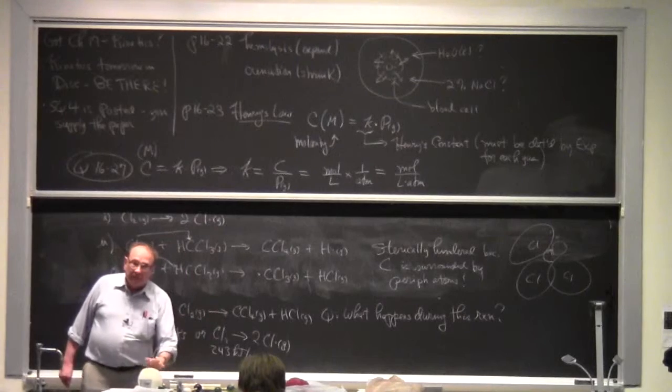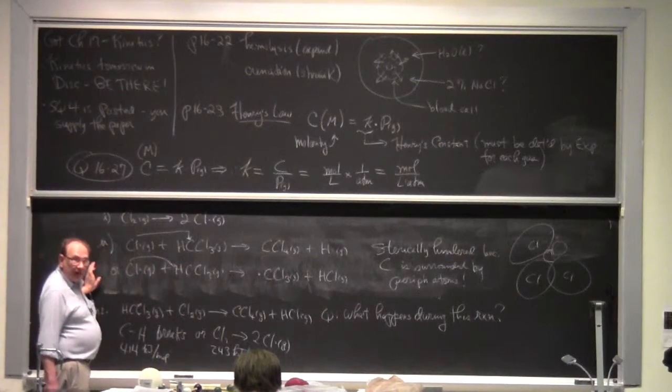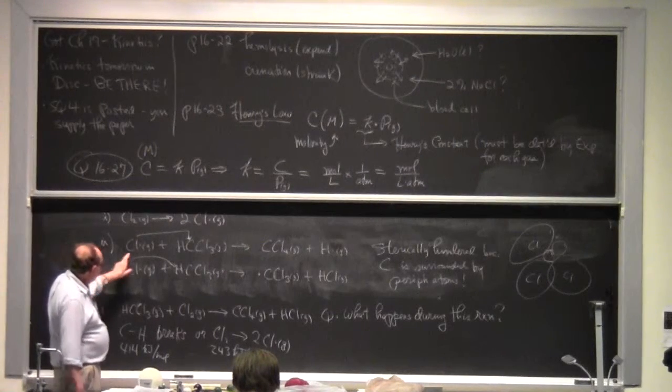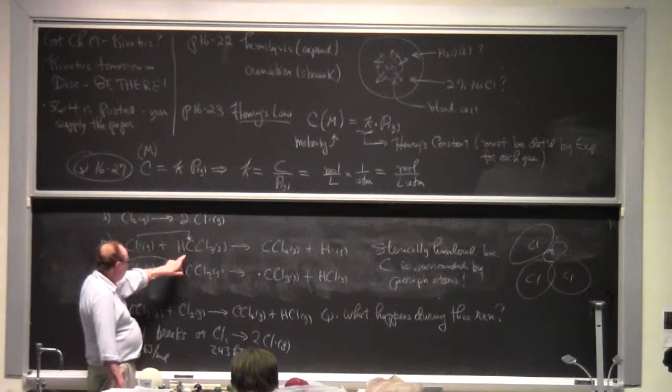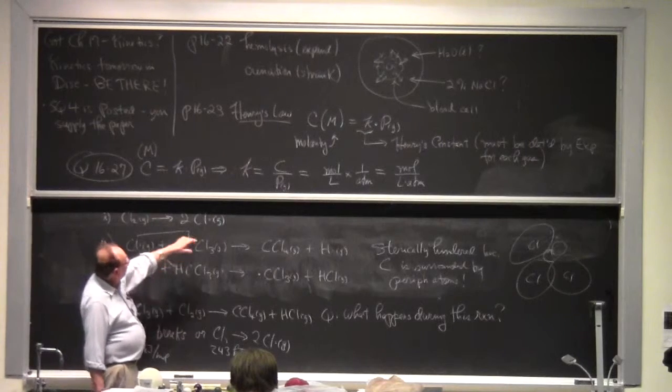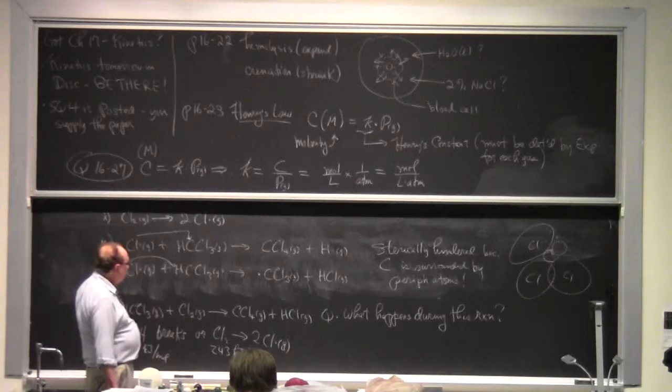Now, could we apply any considerations of a thermodynamic nature to this? Bond energies. Because this makes a carbon-chlorine bond, doesn't it? And it breaks a hydrogen-carbon bond. We already got the hydrogen-carbon bond energy: here it is, 414.